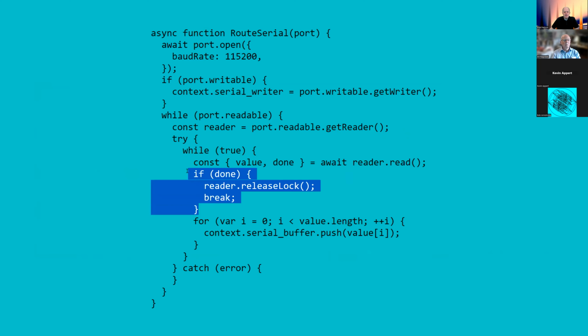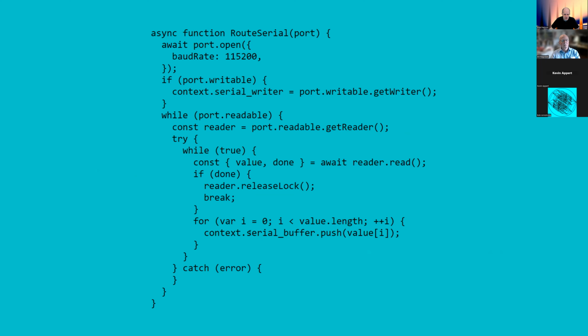I release the lock that is on that reader because again, this property where there's an explicit release of the readers, because you want to know not only, I've tried to read a serial character, but did I get all of the characters that were streaming from the device before the instant, say, when it was pulled out of the slot.